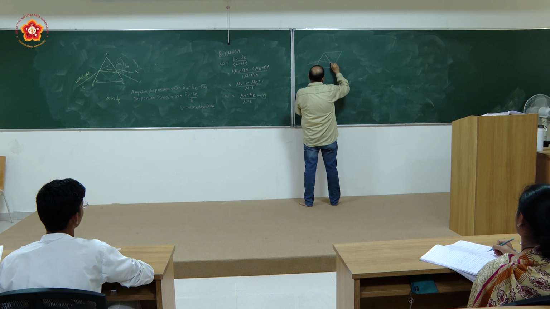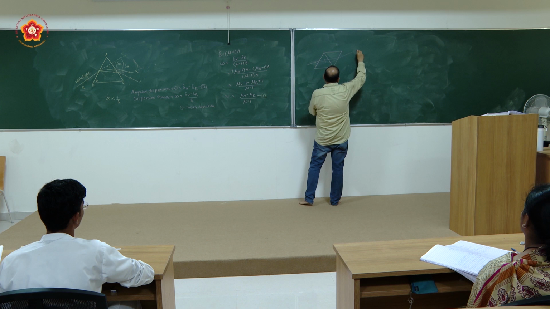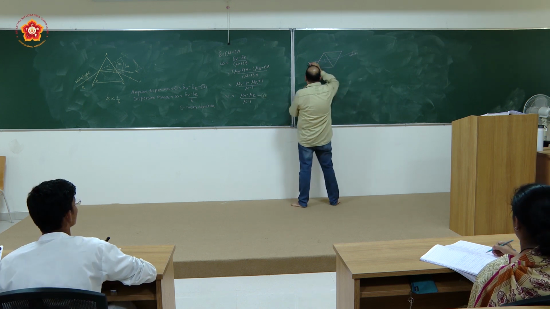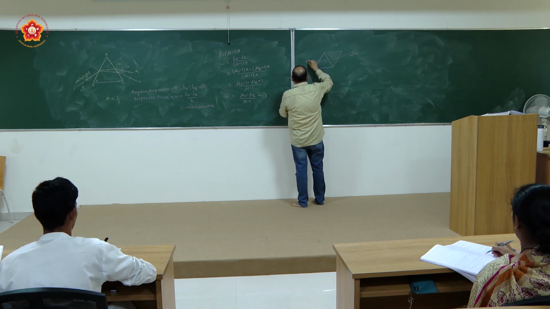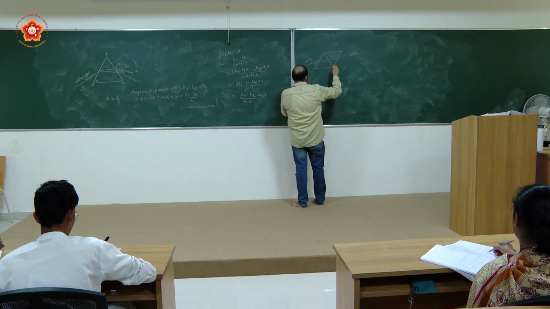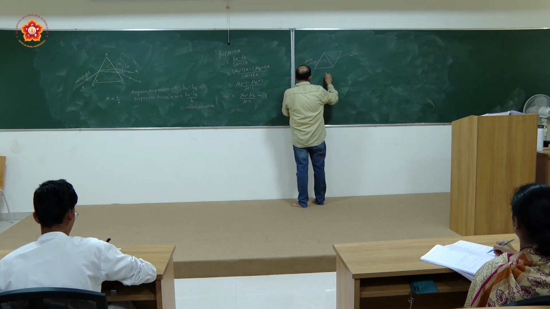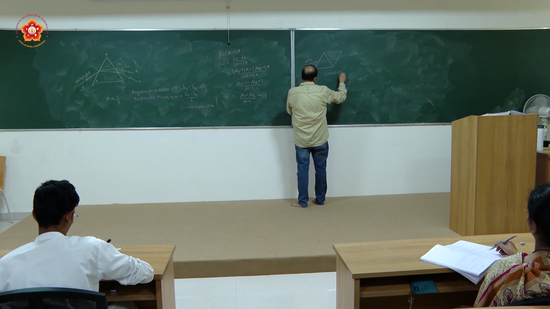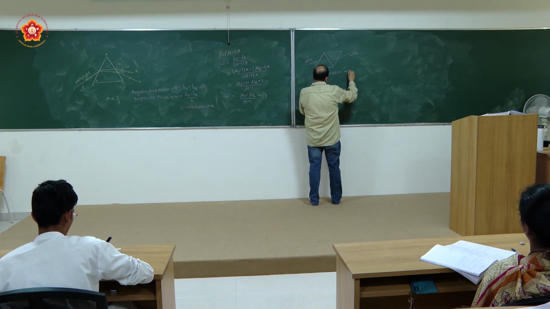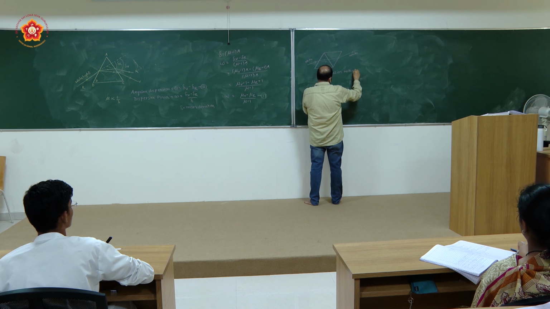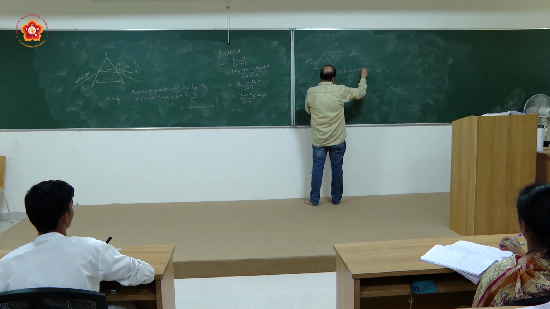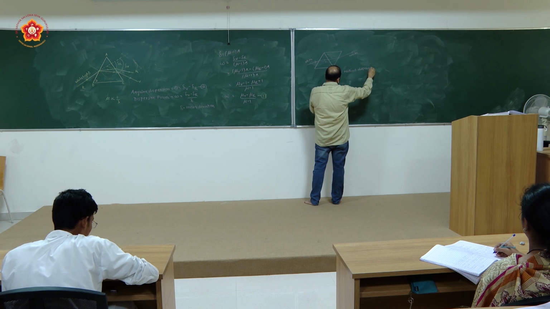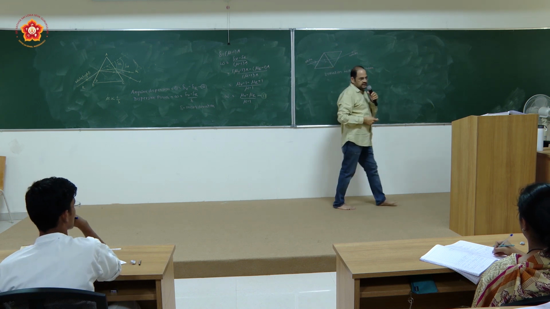But in this particular case, they will come together here and come out as white light. Again it will be white light. So this is the situation which is called deviation without dispersion.